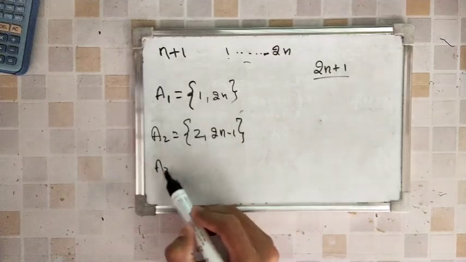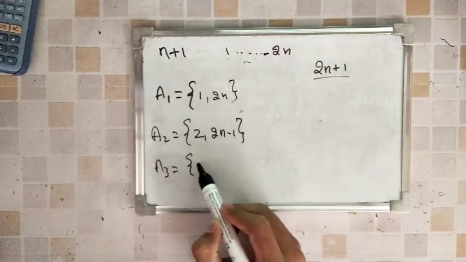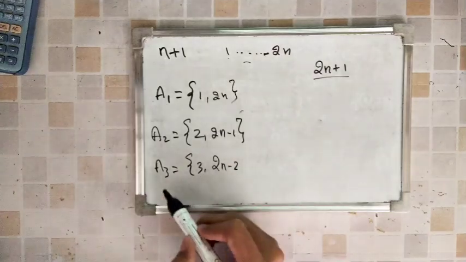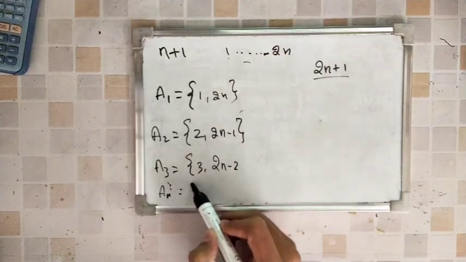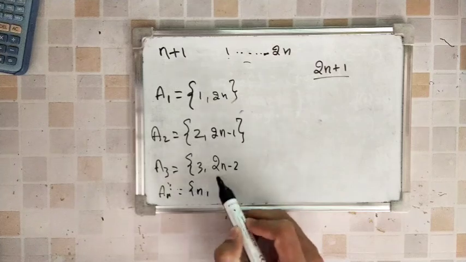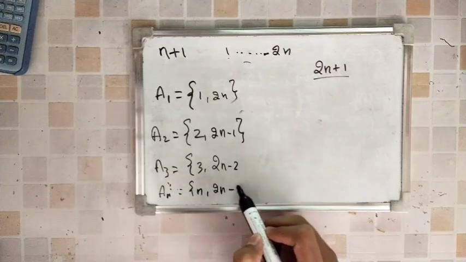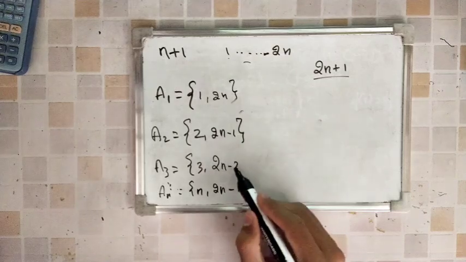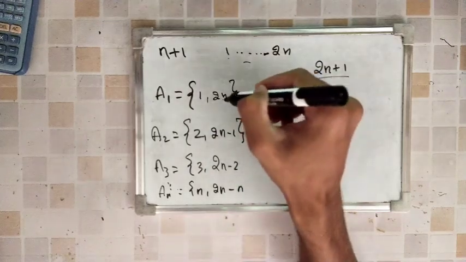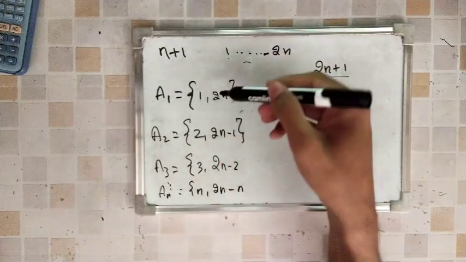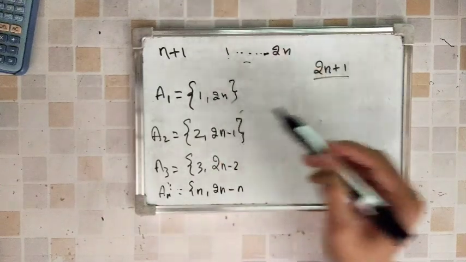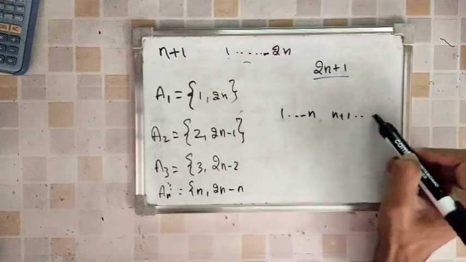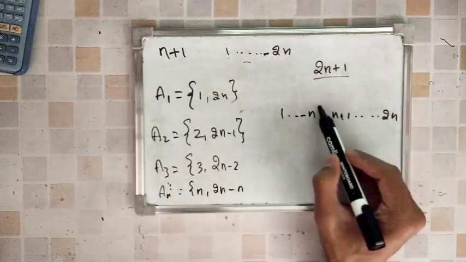Then A3 is equal to 3 comma 2n minus 2, and so on up to An is equal to n comma 2n minus n plus 1. Here this will go up to n, and this is coming from 2n, right. It is like 1 to n, then n plus 1 to 2n.